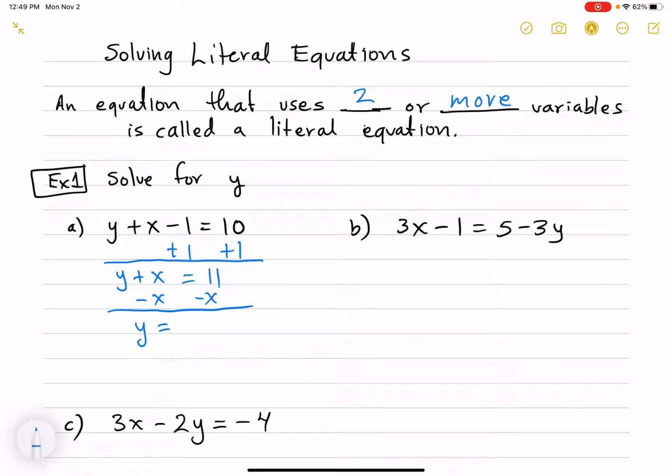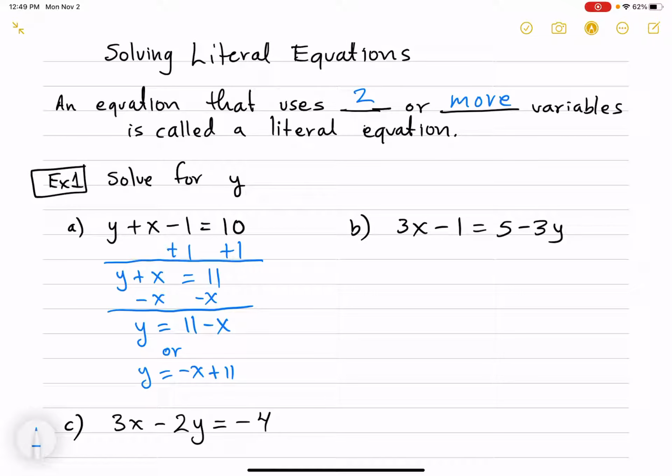So we know then that y is equal to, on the right side, be careful because 11 doesn't have x's. We can't combine the 11 with the negative x. So we could write this as 11 minus x, which is perfectly okay. You could also switch them around and say this is negative x plus 11. Same thing.